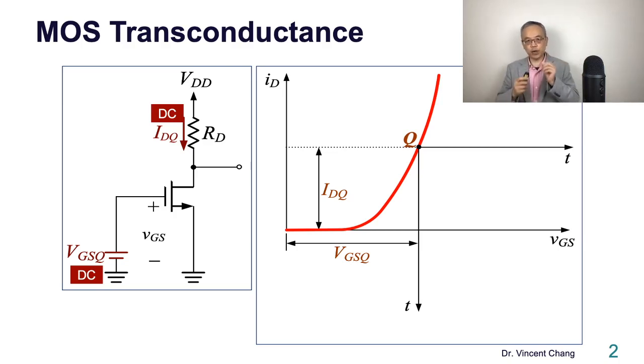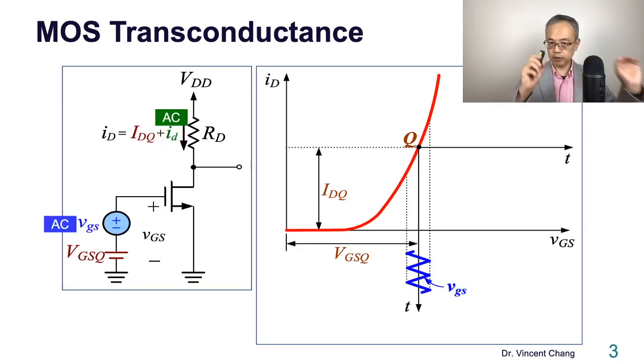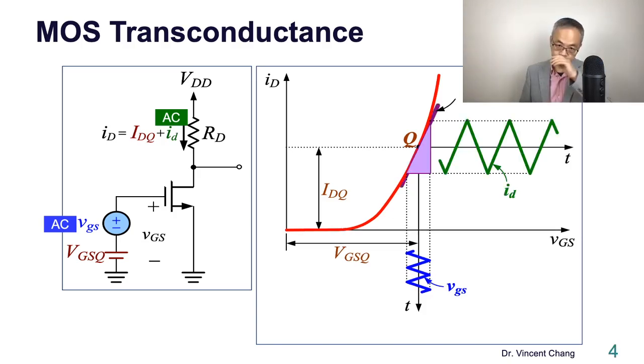Let's quickly review what we learned before regarding the MOSFET transconductance. You have the DC operating point and you send in the AC input voltage. Then you're creating an output AC current, up, down, up, down.